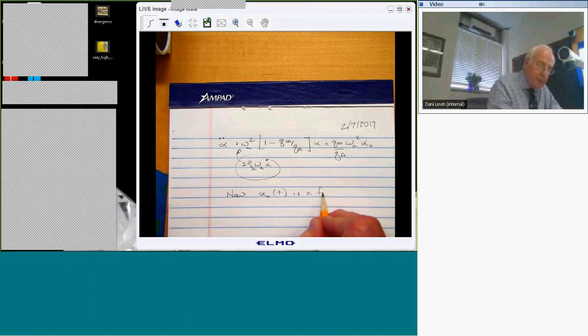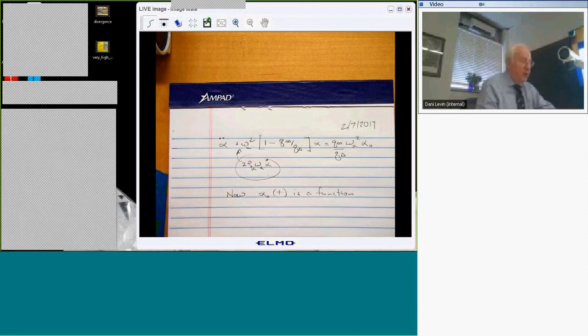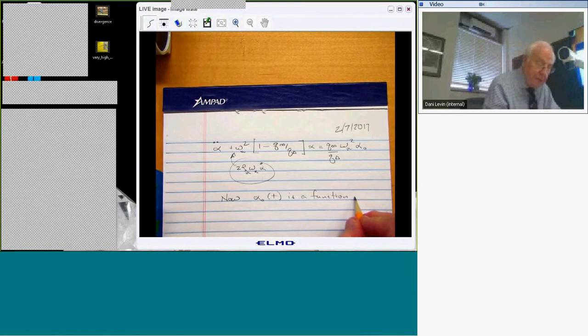Because if it isn't, I don't have any dynamics, right? So that's why it's a function of time. Now, I'm going to let alpha naught as a function of time be alpha naught bar cosine omega t.